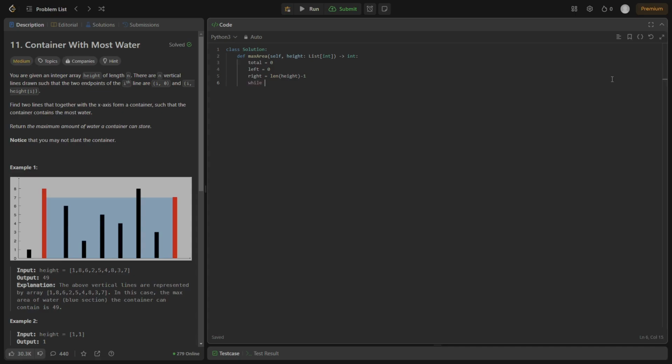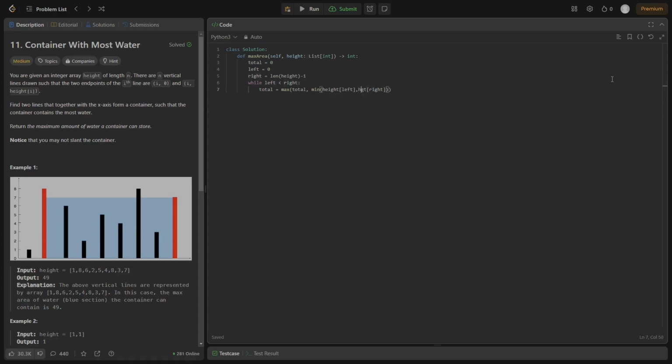Now, as long as left and right are not equal or cross each other, we want to continue on looping.